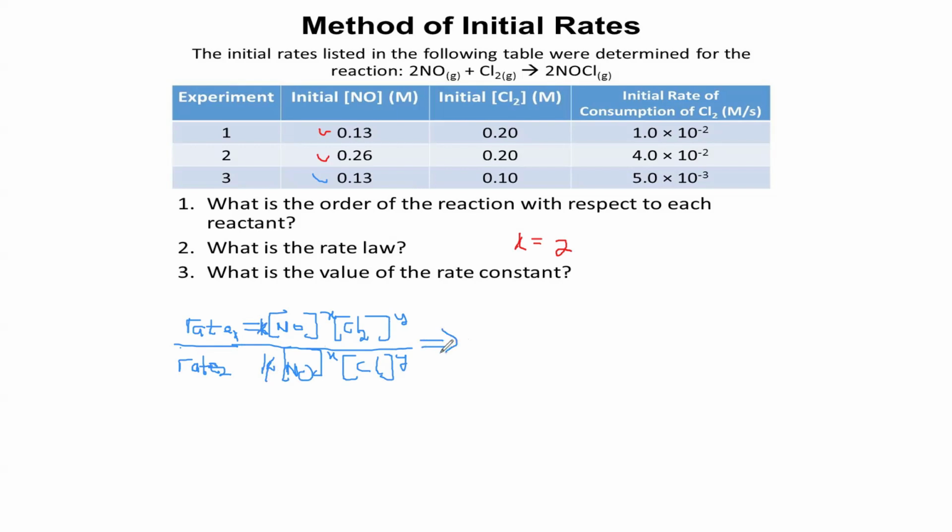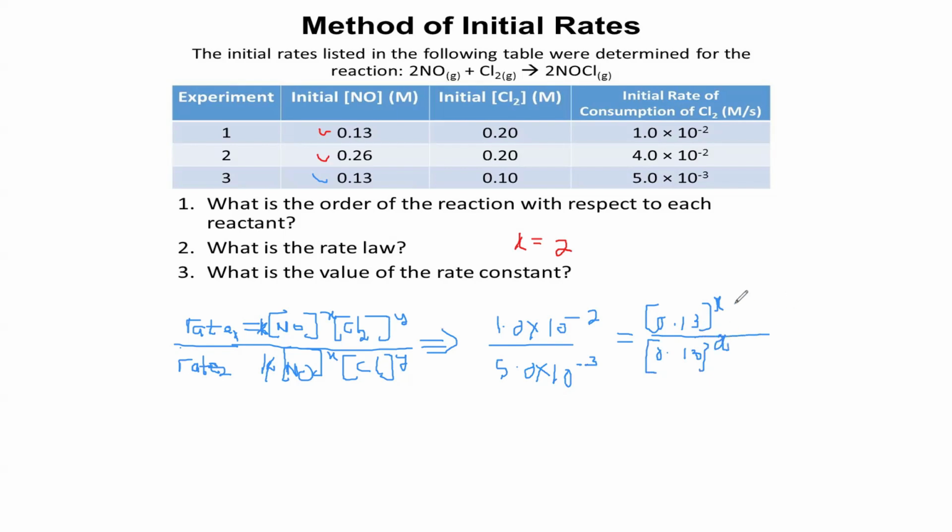So for the two rates, rate 1 is 1.0 times 10 raised to the power of minus 2, and of course for experiment 3, the rate is 5.0 times 10 raised to the power of minus 3, which is also equal to the concentration of NO, 0.13 divided by 0.13, closed, with power x here and power x there.